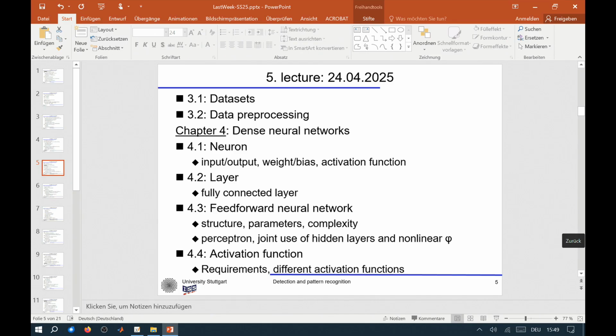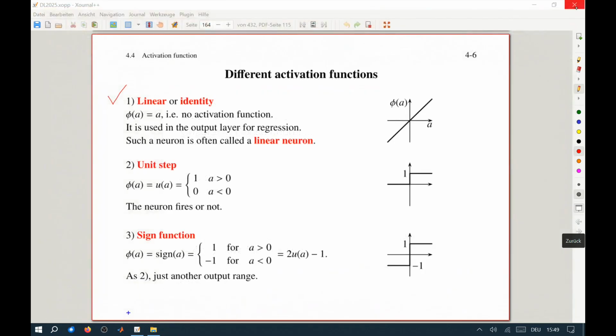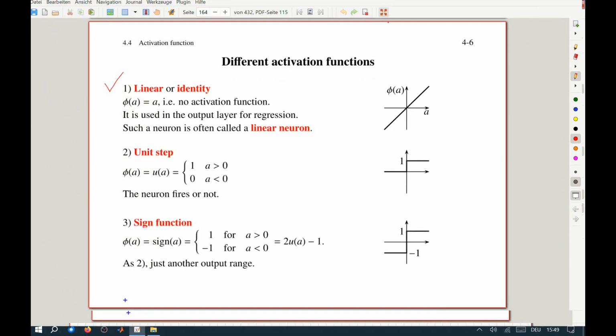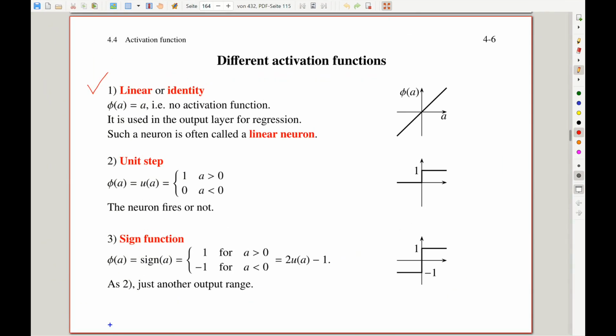Finally, I started to discuss the choice of the activation function. As I mentioned, we have pretty mild requirements. The most important requirement is that it should be nonlinear, in order to give the overall system a nonlinear behavior. It should be easy to calculate. It should be differentiable.